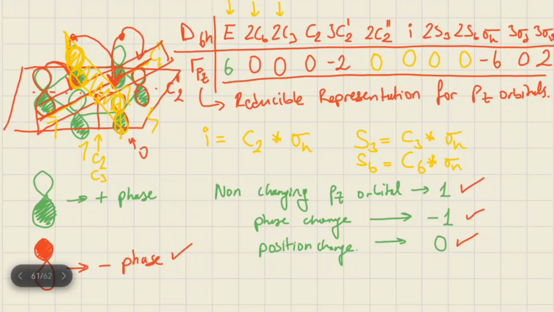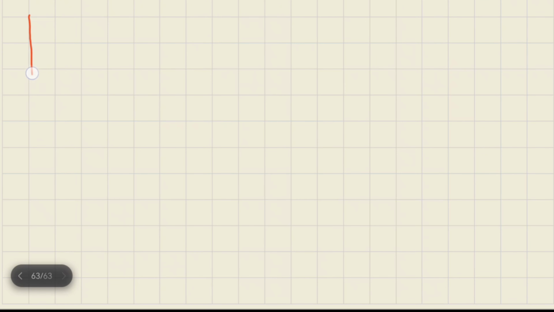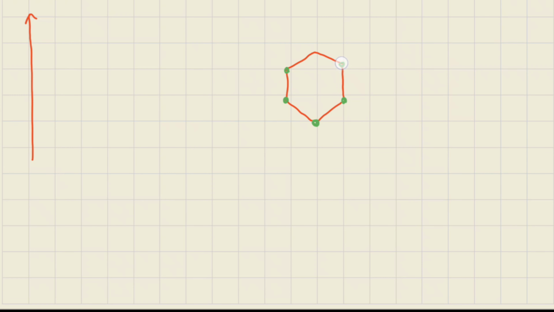I hope this part is clear, and in the next part things will be harder. Why? Since I want to build the molecular orbital diagram for the PZ. So you may see that for cyclic groups we draw it like this. One corner looks to the bottom and the others are on the edge, and we have another corner.